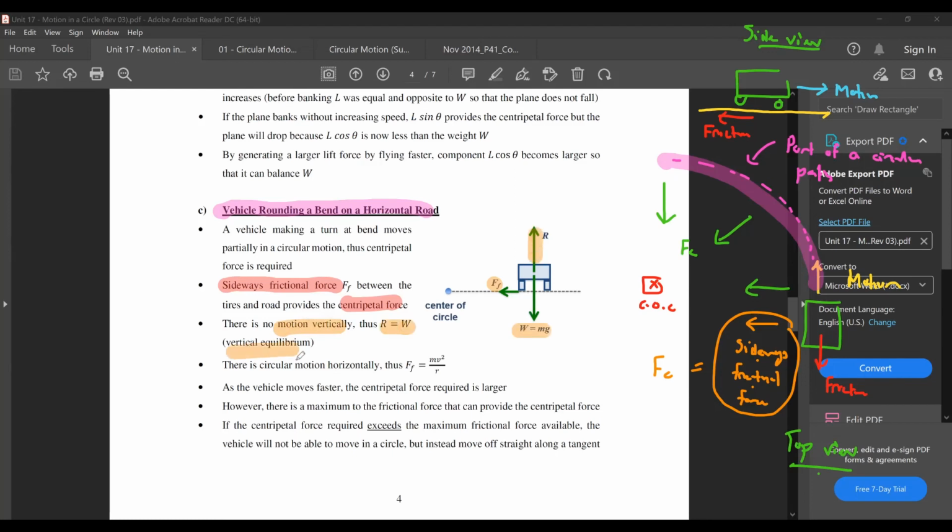You have vertical equilibrium here, nothing to consider. But horizontally, you're moving in a circle, so your sideways frictional force will be mv squared over r, because Fc equals mv squared over r. Fc is provided by your sideways frictional force.